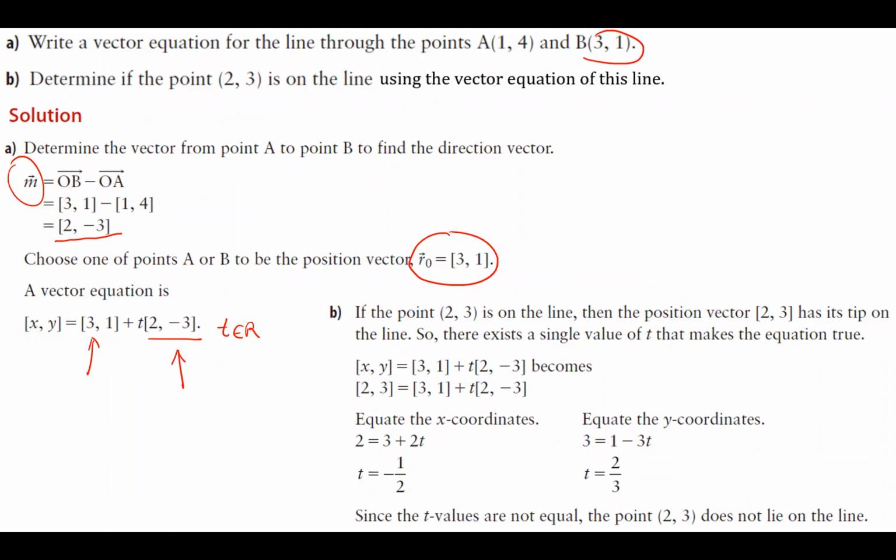So this is how we can solve a problem using the vector equation of a line. I'll give you some time to have a look at the solution here. Any questions, just let me know, okay?